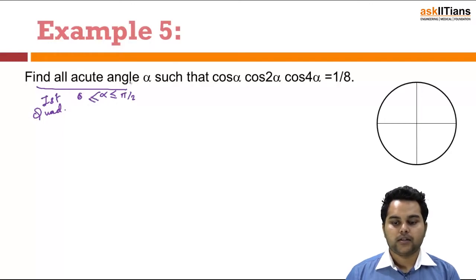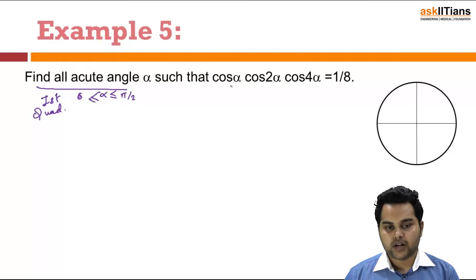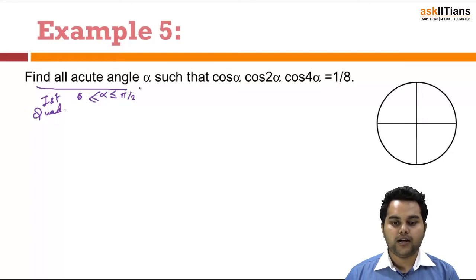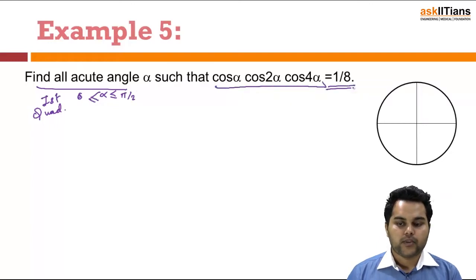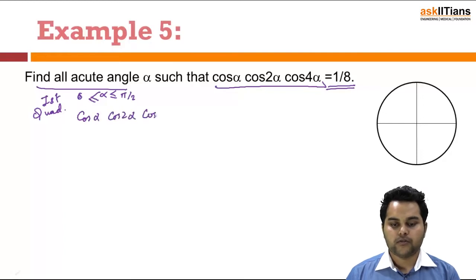So I have to find the acute angle alpha such that cos alpha, cos 2 alpha, cos 4 alpha is equal to 1 by 8. Now let's figure out how we can proceed with this question. I just rewrite the equation that I am given: cos alpha, cos 2 alpha, cos 4 alpha is equal to 1 by 8.